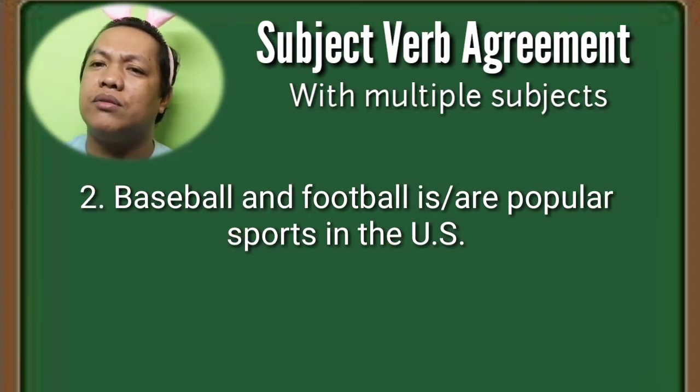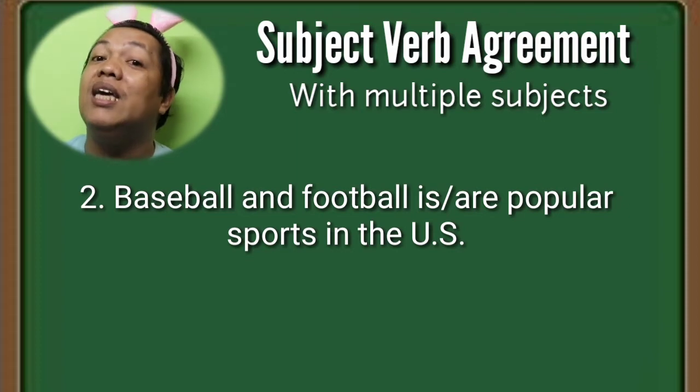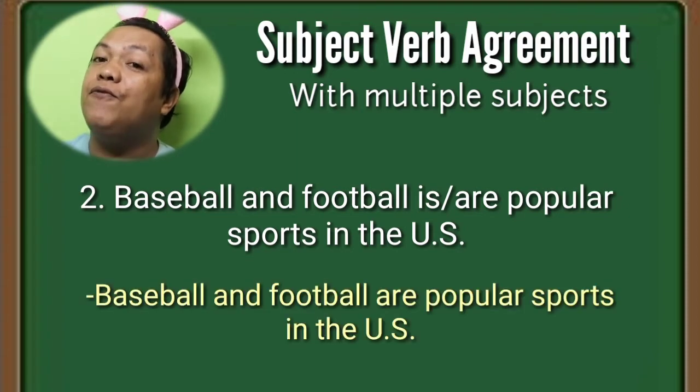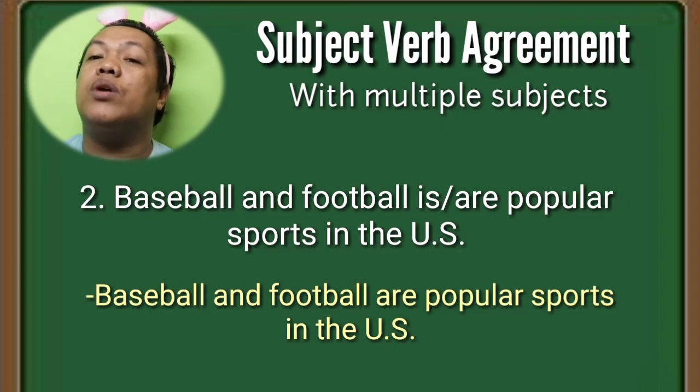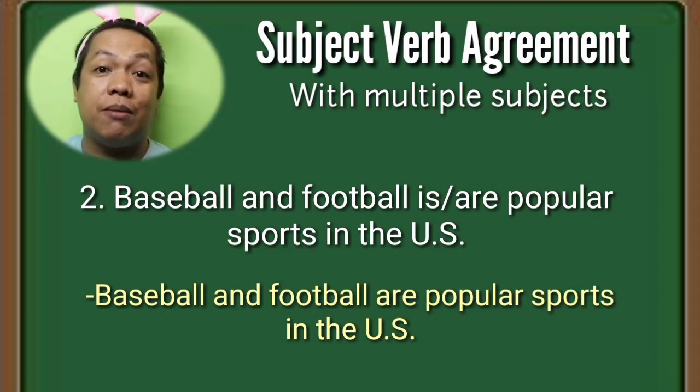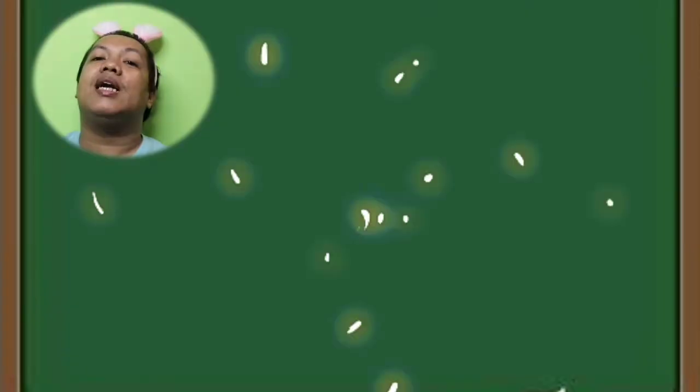It talks about popular sports in the US. The correct answer in example number 2 should be: baseball and football are popular sports in the US. Again, subject-verb agreement with multiple subjects. It's still very early for you to be confused.